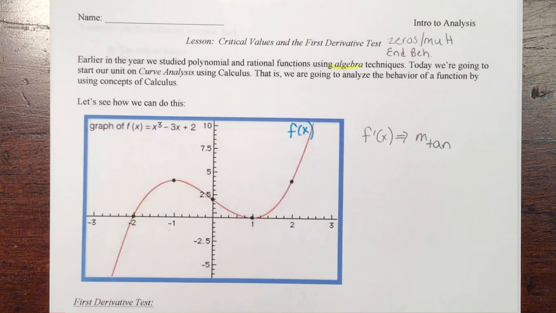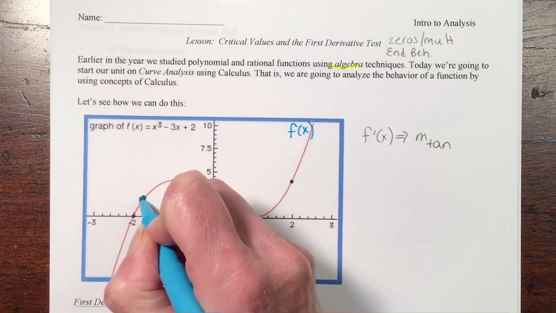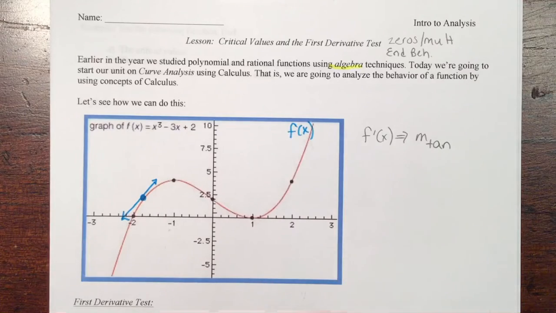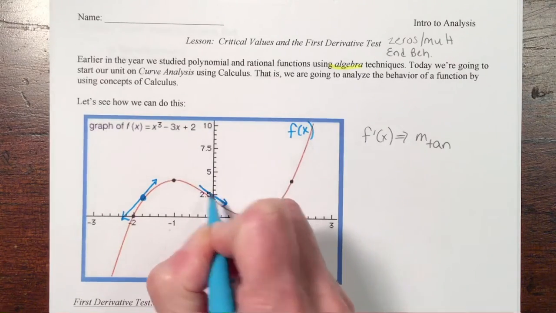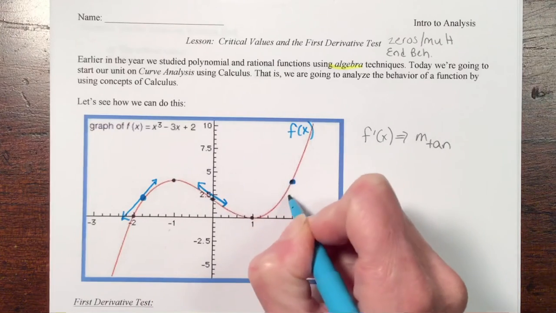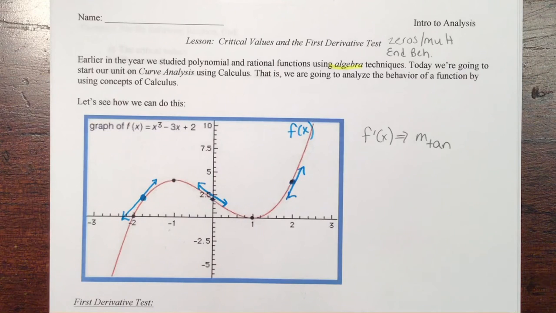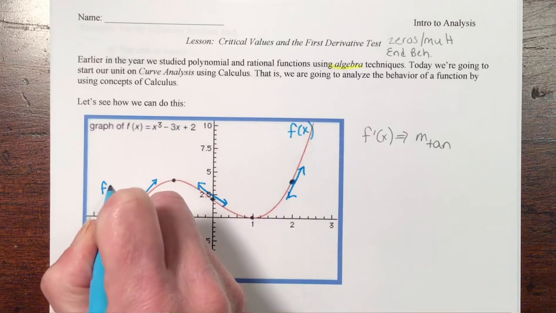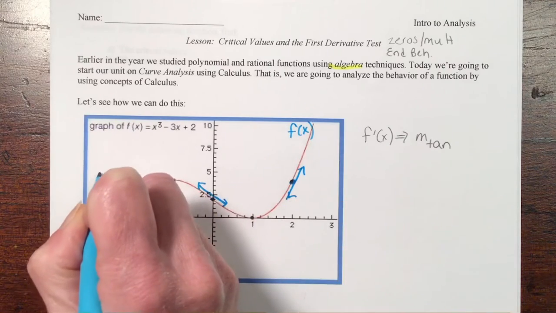So if we go back over to our curve for a second, and we drew a tangent line in this section, and then we drew a tangent line in this section, and a tangent line in this section. What's going on there, and how does this help us? Well, what could you say about the slope of this tangent line? The slope of this tangent line is positive, right?